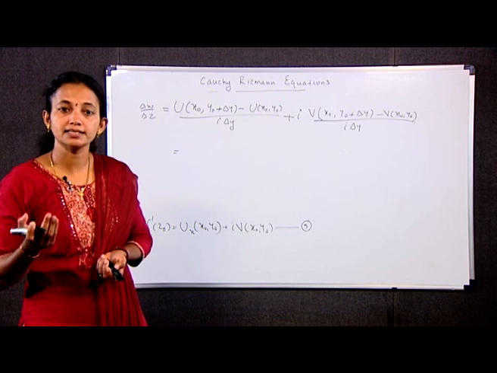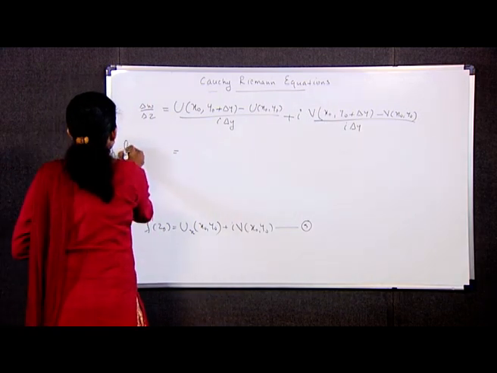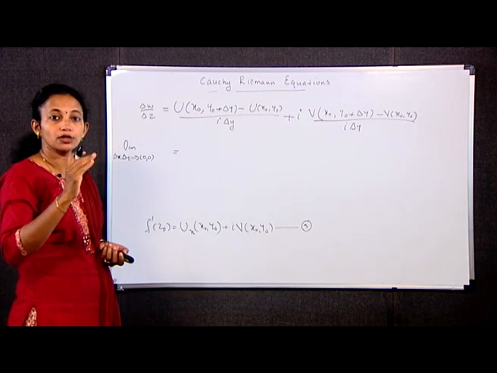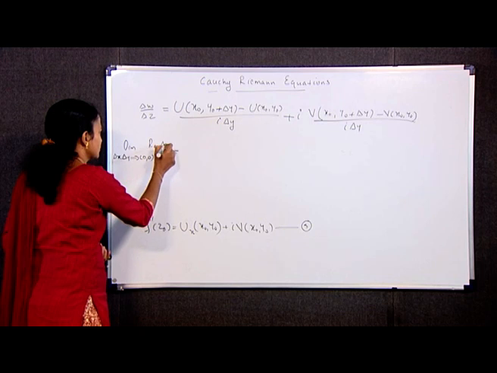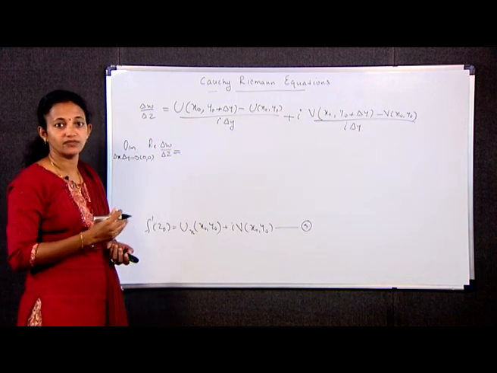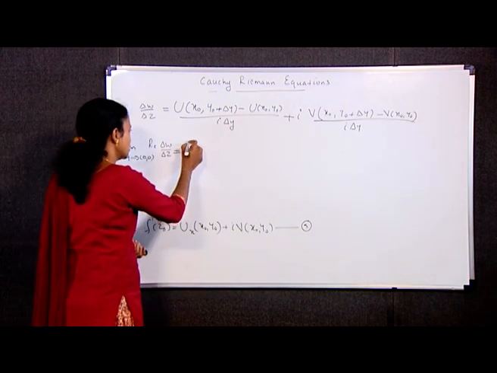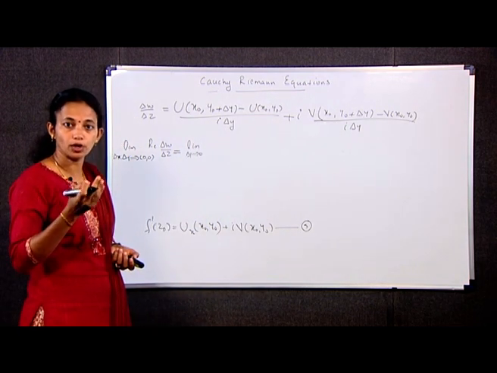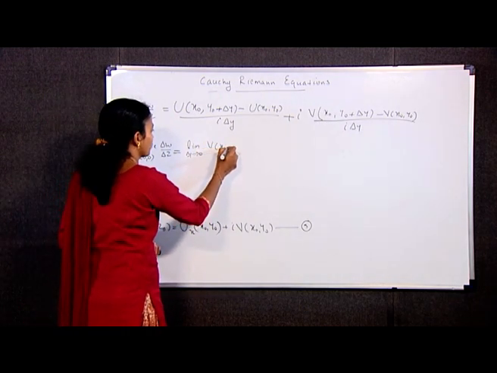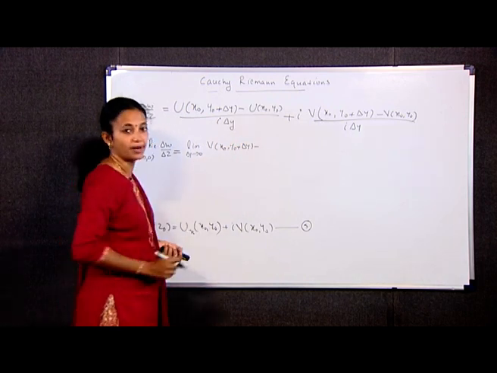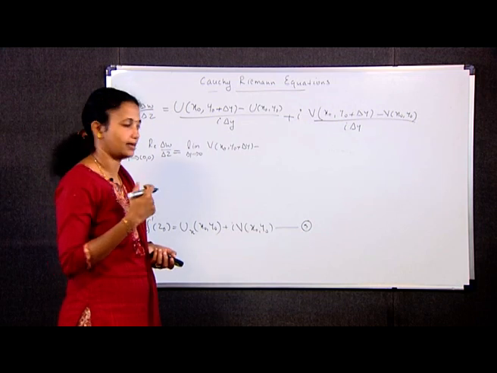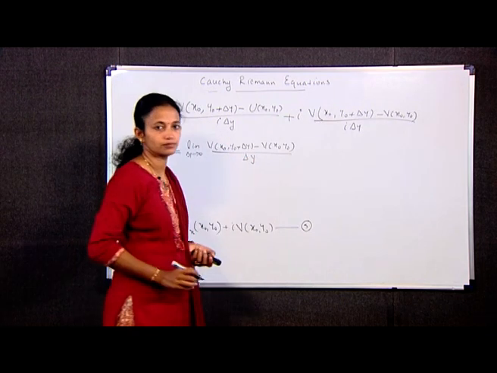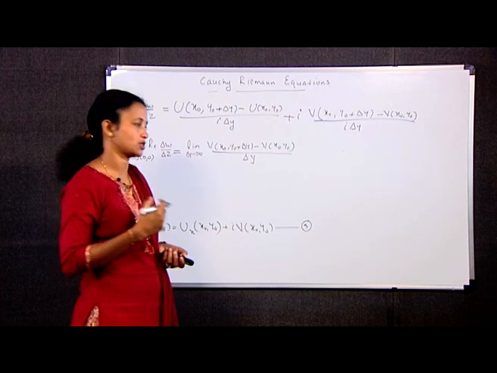Thus, the limit as delta x, delta y tend to 0, 0 of the real part of delta w by delta z is equal to the limit as delta y tends to 0 of v(x naught, y naught plus delta y) minus v(x naught, y naught) by delta y. This is equal to v_y(x naught, y naught).